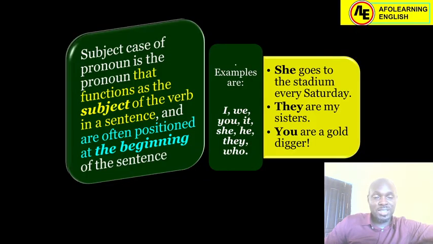The first one is the subject case of pronoun. Now, this has to do with pronouns that function as the subject of the verb in a sentence. The subject case of pronoun functions as the subject in a sentence, and they often come at the beginning of sentences. Not all the time, but oftentimes they are positioned at the beginning of sentences.